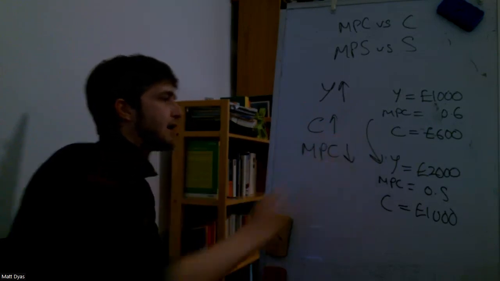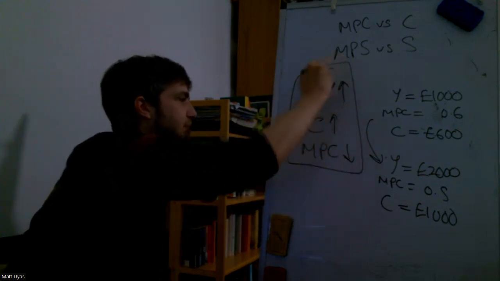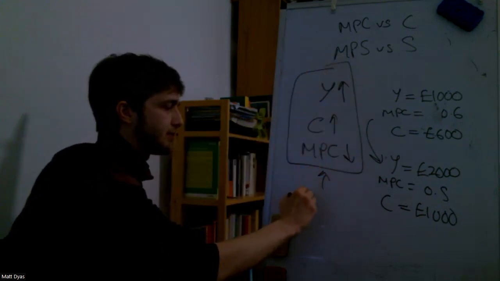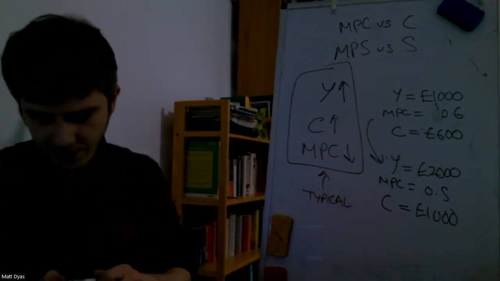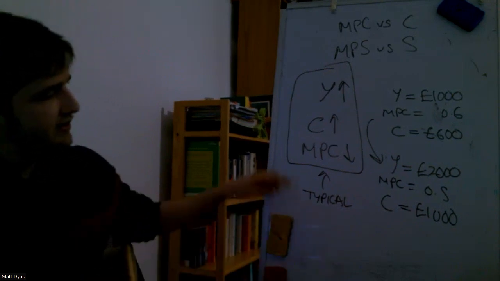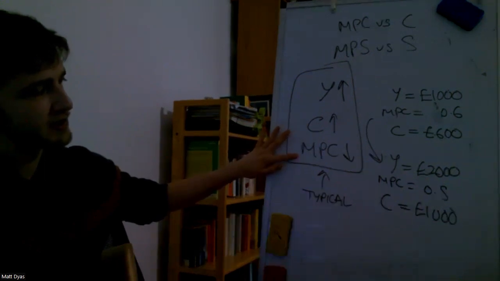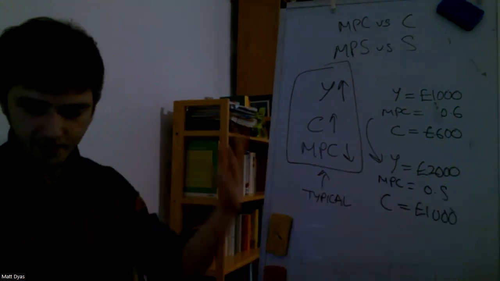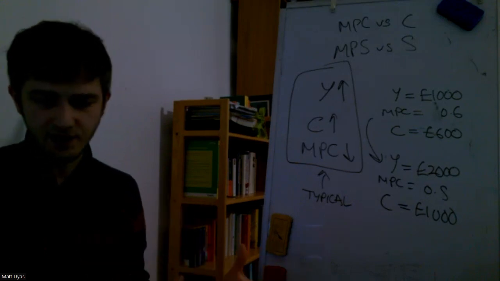Okay. And this is the typical relationship between income and the two. So most people, their spending operates in this way. As they earn more, their total spending goes up, but their proportionate spending goes down. Pretty much every piece of research on this in every country finds that on average, this is what happens.